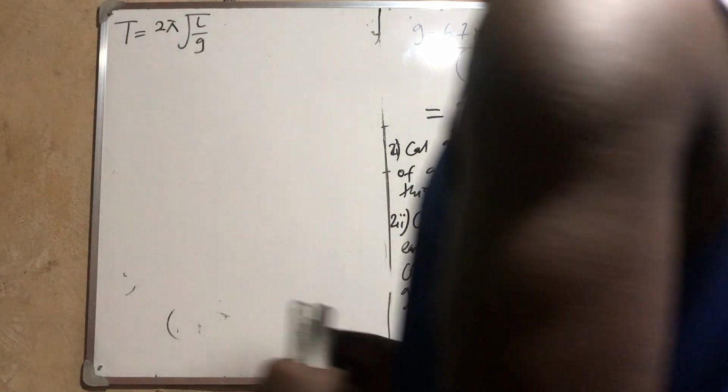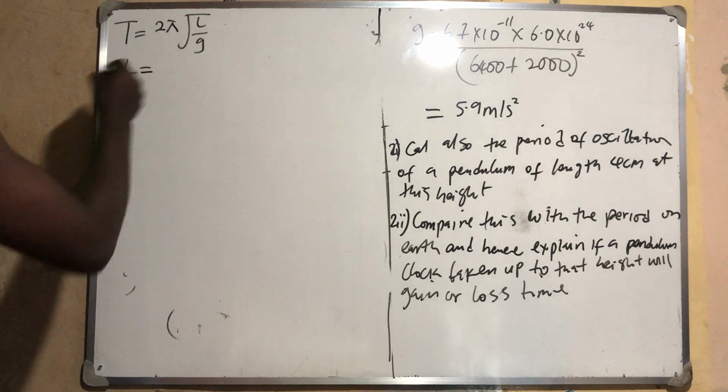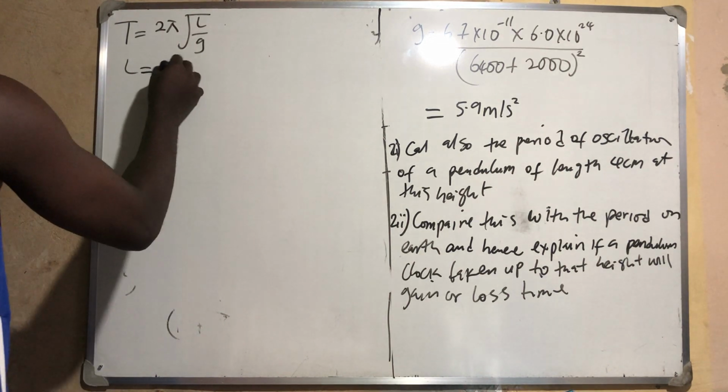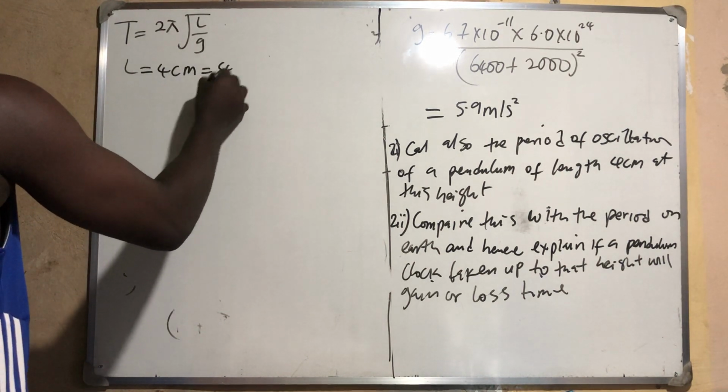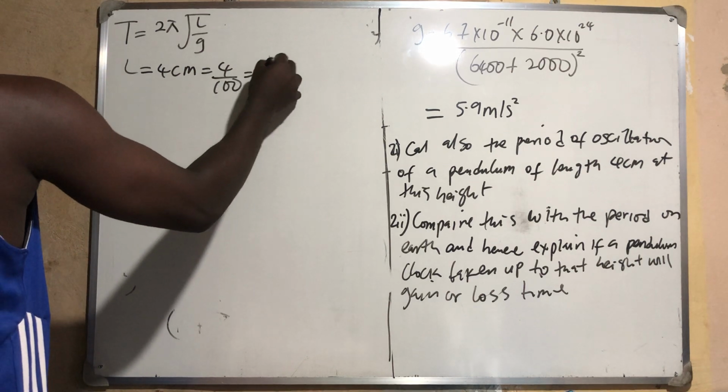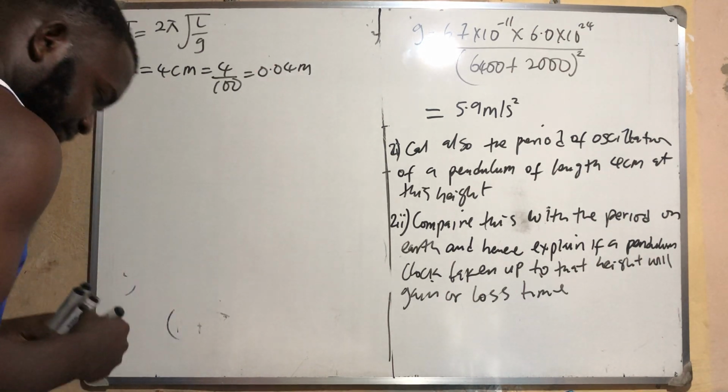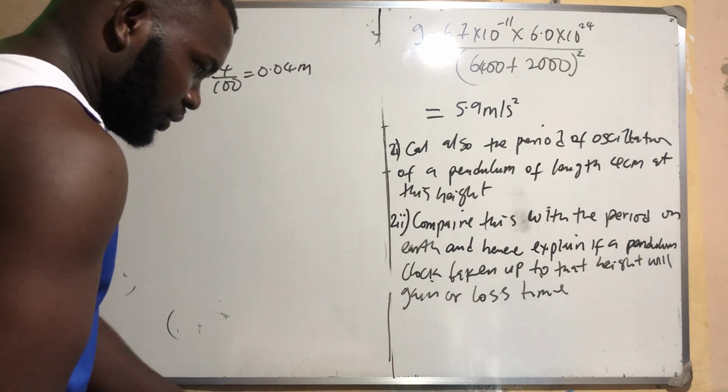They gave me that the length L is equal to 4 cm, and 4 cm is 4 divided by 100, which is 0.04 meters.